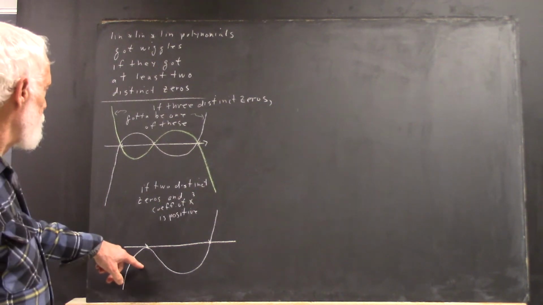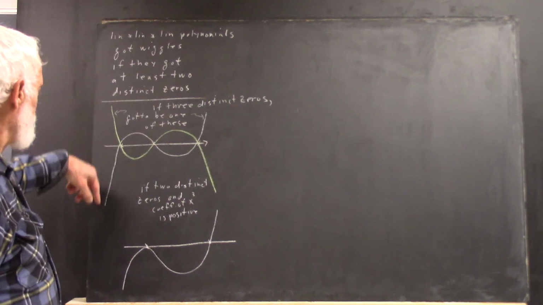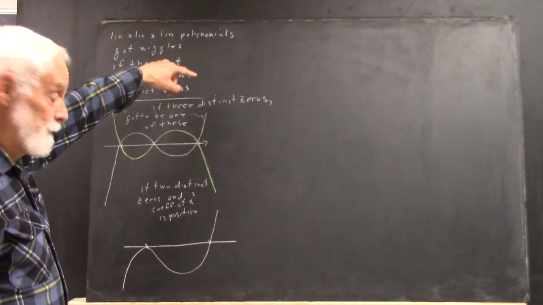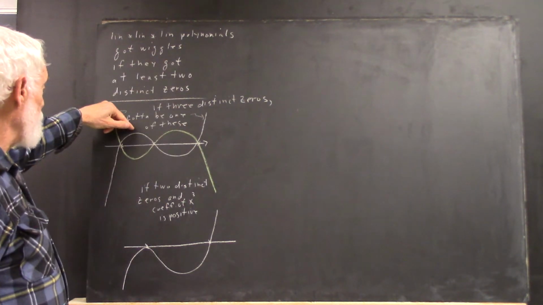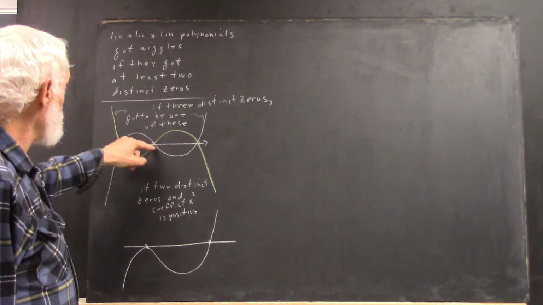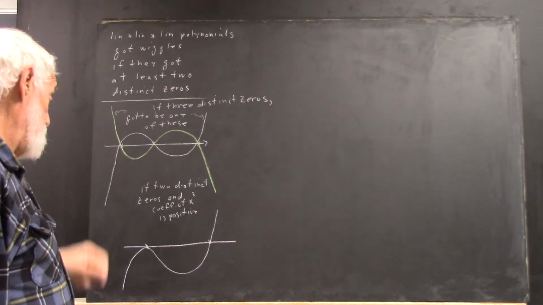And notice that this is the same basic shape as this. It's just like if you take this one and move it down a bit, these two zeros kind of collapse into one.